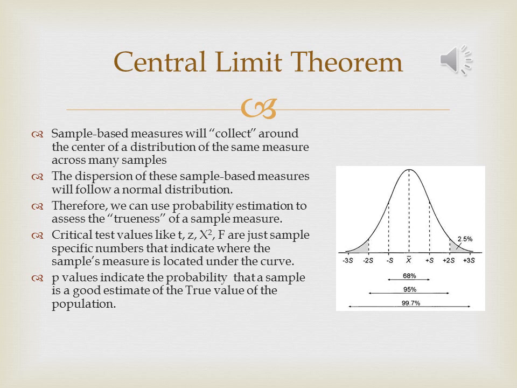Therefore, we can use probability estimation to assess the trueness of a given sample measure. And that's what critical test values like a t, a z, a chi-square, or an f are. They are just sample-specific numbers that indicate where the sample's measure is located under this normal curve. That's all those critical values are.